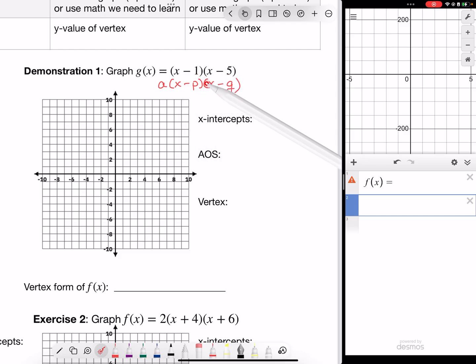Sometimes we have a hard time figuring out the p's and q's, like down here when it has a plus sign, people forget. So here's a little rule. All you're trying to do is find out what makes the x value into, or this factor x minus 1 into a 0. And if I just write that little equation and solve it by adding 1 to both sides, it tells me the x value that makes this equal 0.